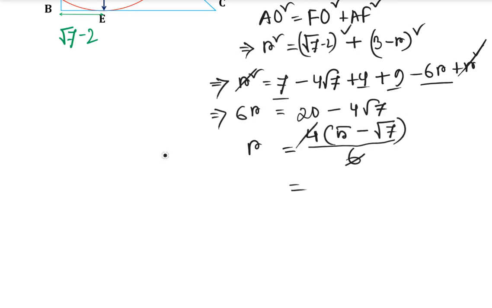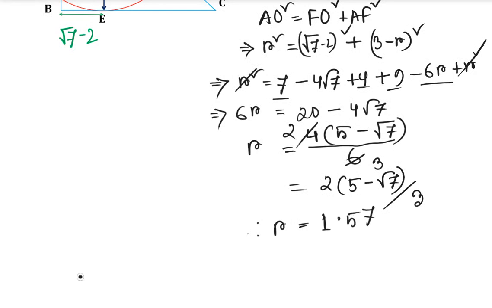So this one will be 2 and this will be 3. So 2, 5 minus square root of 7 over 3. So R is equal to, numerically we can write down 1.57 units.